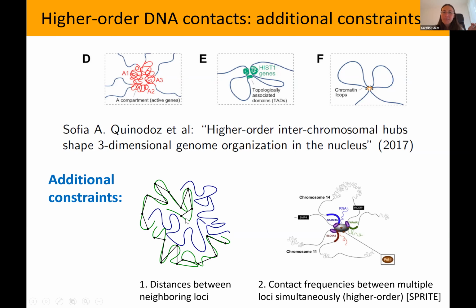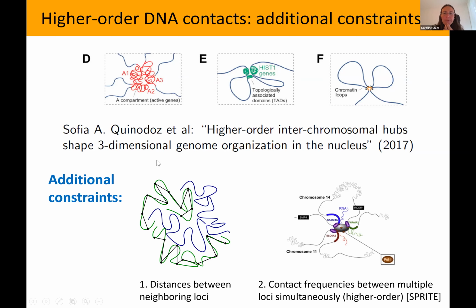So at least for neighboring loci, you can say, okay, this can be approximated by a straight line, and maybe that's not too far off. So you can approximate the distance between neighboring loci by straight lines. Maybe that's good enough to get some more constraints in, at least for neighboring loci.